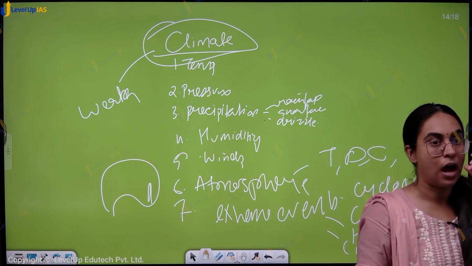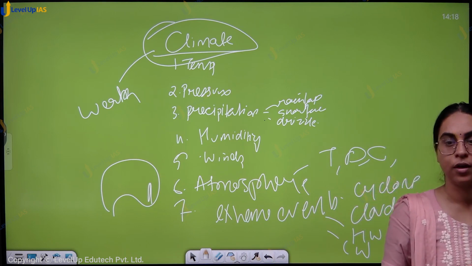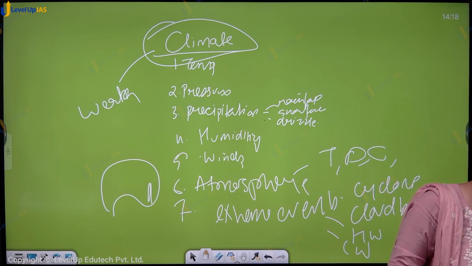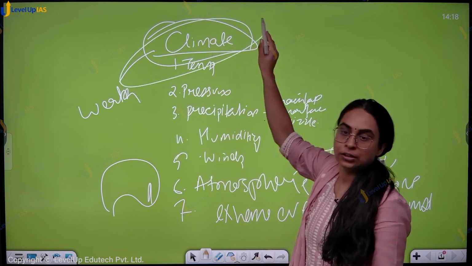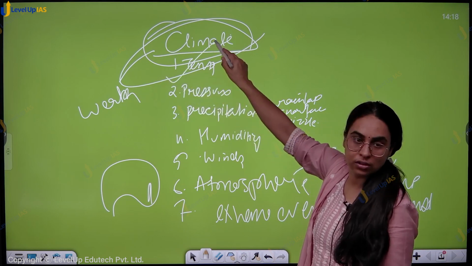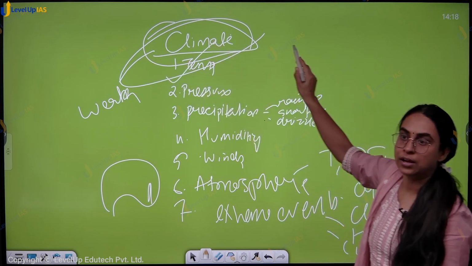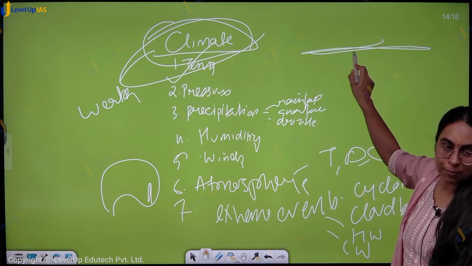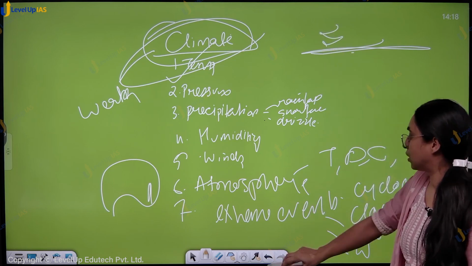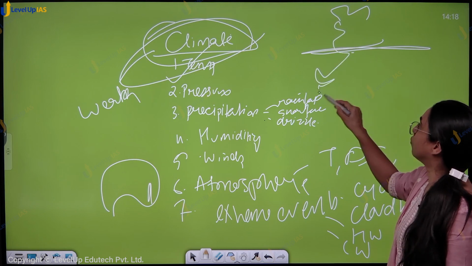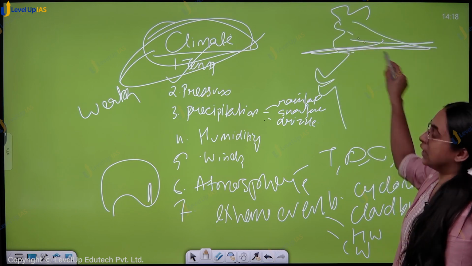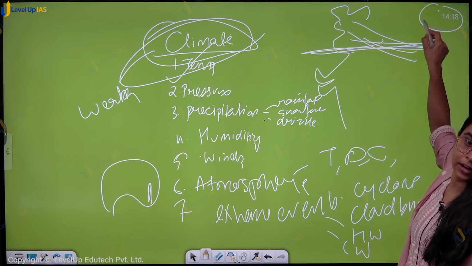The question has been, how does the orientation of mountains affect the climate of a place? What is climate then? You should at least know how the orientation affects the temperature. If I say Himalayas, they actually affect the temperature of my country. How? They stop the cold Siberian wind.